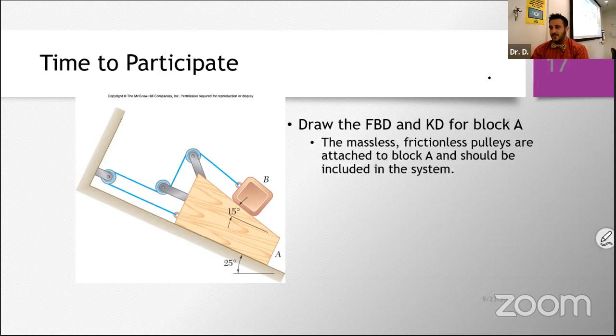Everybody put a number between 1 and 6 in the chat. You guys all picked 2, huh? I picked 5. And since Zach is the closest, Zach can pick who gets to do their free body diagram for everybody.